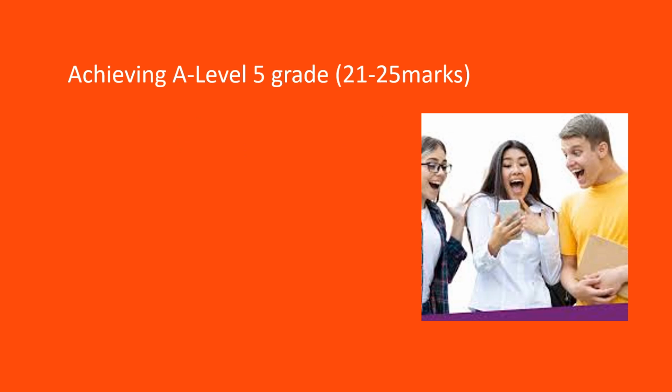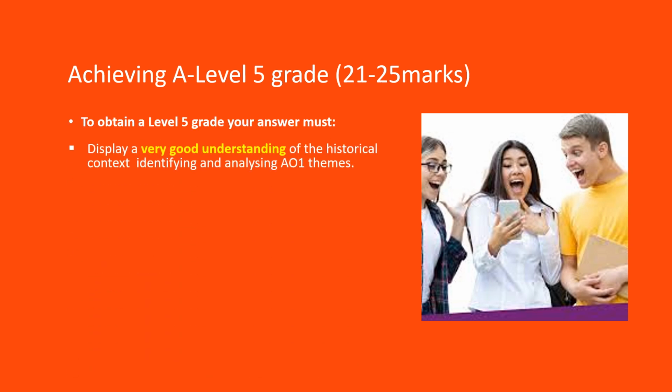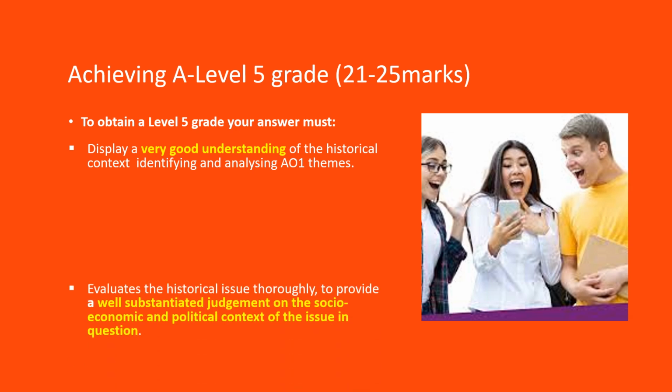Ideally, to obtain a level 5 grade, which is between 21 and 25 marks at A level for an essay question, your answer must display a very good understanding of the historical context, identifying and analysing, and this means analysing critically, assessment objective 1 themes.